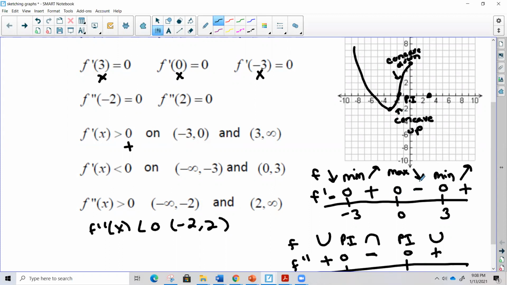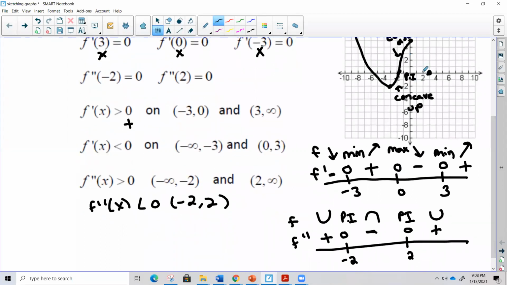And then starting at 0, I'm going to decrease, and I'm still concave down until I get to +2, which again, they didn't tell me the y value. So it doesn't really matter where I go. I'm going to go concave down. And then at 2, I'm going to do my best to make it curved up.